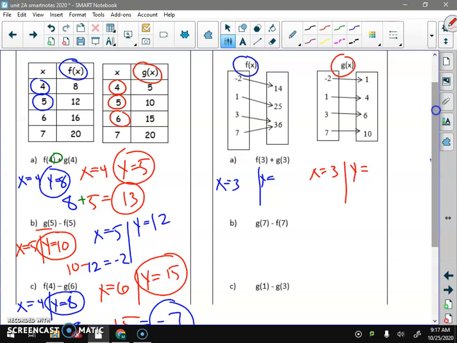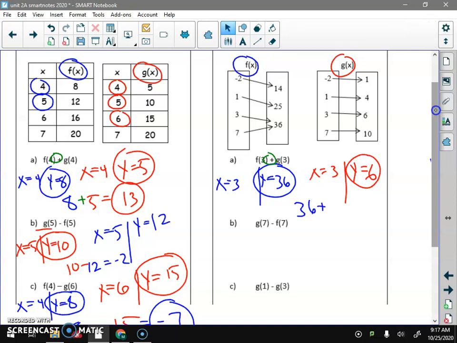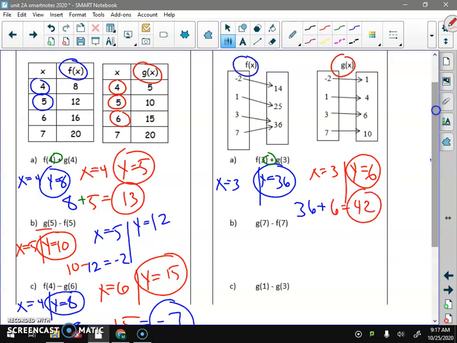Let's go to the X. 3 points to, you got it, 36. Got to circle it. G, 3 points to 6. Circle it. And then we're adding those two together. 36 plus 6 equals, calculator, 42. Perfect.